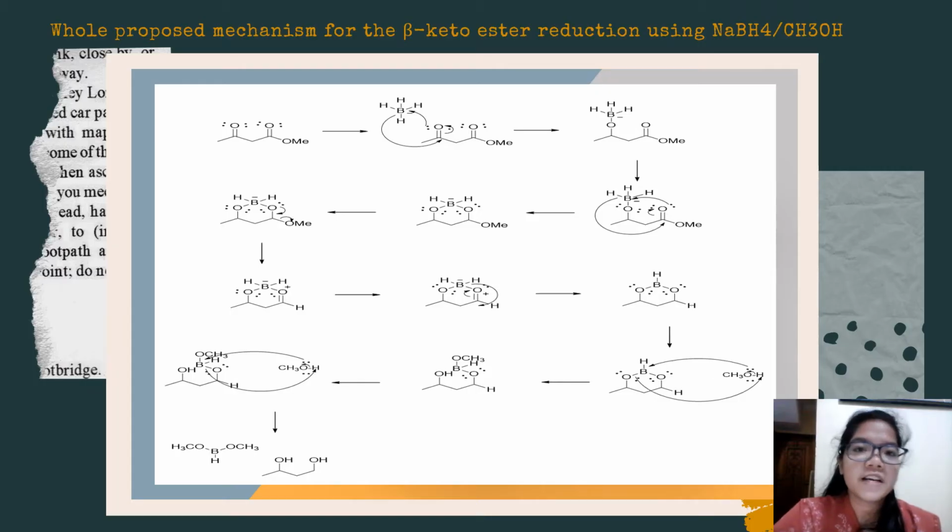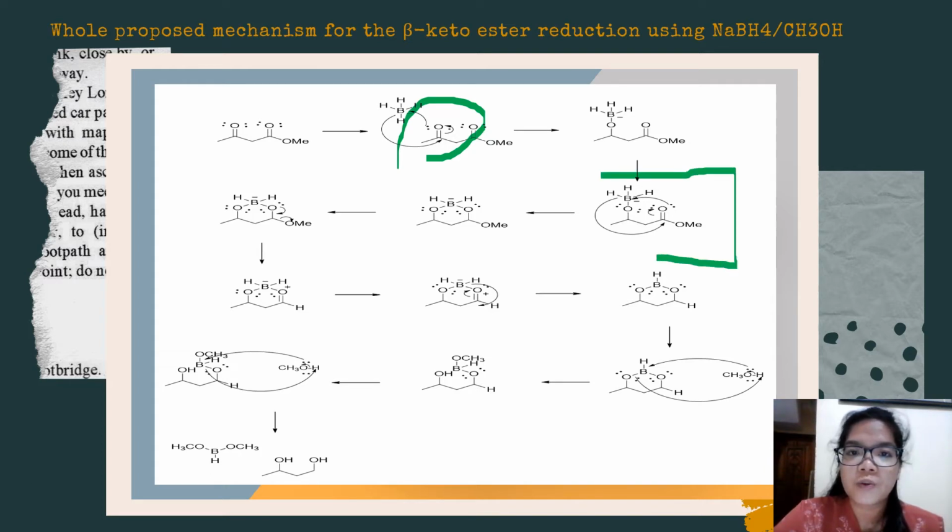So the proposed mechanism for the reduction of the beta-keto ester using sodium borohydride in methanol solvent is shown in the figure. It involves 5 sequential steps. For the first step, we have nucleophilic addition to the ketone group here, and then another nucleophilic addition to the ester group.